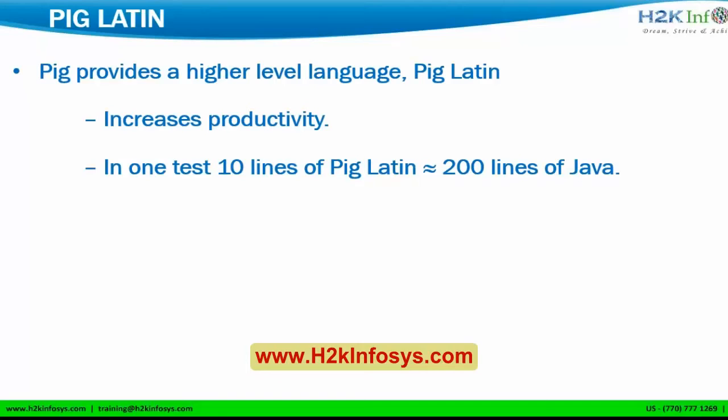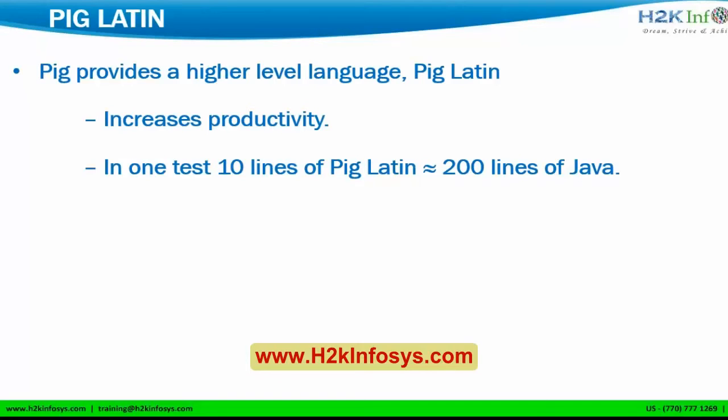Actually, before, C and C++ were treated as low-level languages and Java was treated as a high-level language, right? But these days, even Java is getting considered a low-level language, because so much coding is required in Java if I want to do even a small operation.